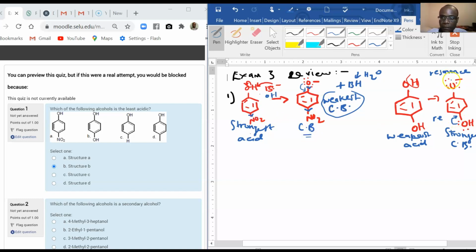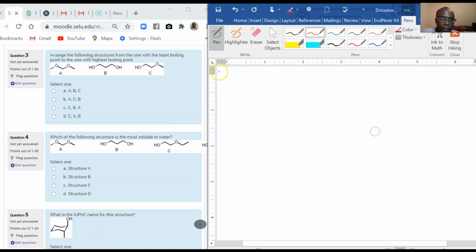This is not stabilizing the conjugate base, it's making it even more basic because you're donating electrons by resonance. So the answer is B. It cannot be C or D, because OH donates by resonance, hydrogen by inductive effects. The methyl donates by inductive effect. Donation by resonance wins, which means you get the strongest conjugate base that came from the weakest acid of the set. Let's look at question 3.